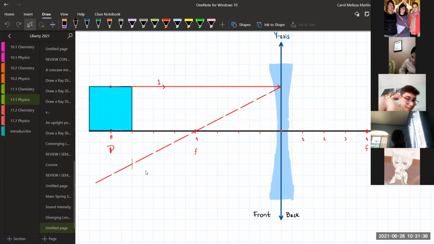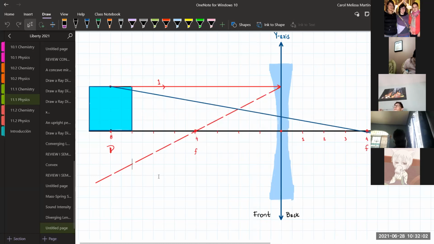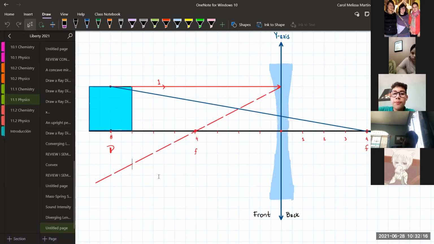Okay, so the reason why I color the box is because I want that it looks different than the lens. That's why I use a different color, but it doesn't really matter. So right now, my ray comes from the top of my object until the focal point in the back over there. Now, in this point, are you following me? Yes, miss. Okay, good.